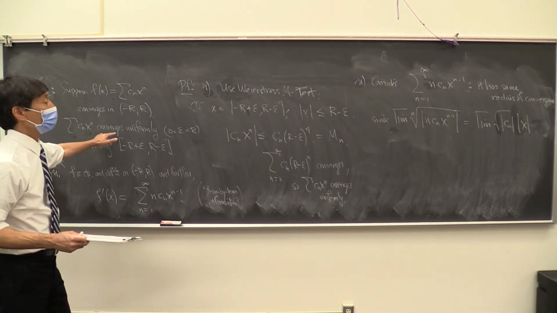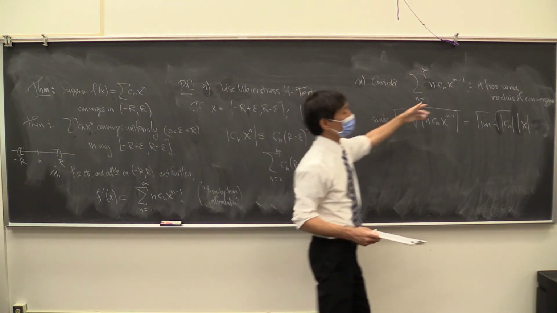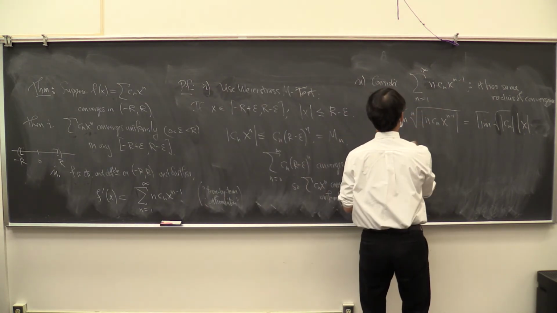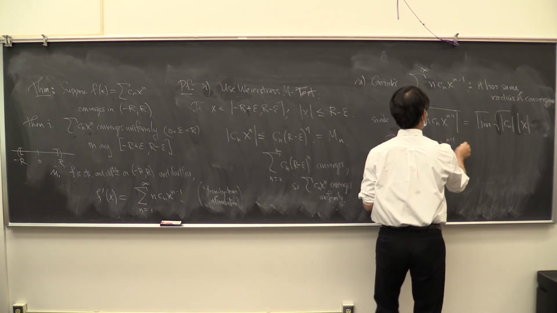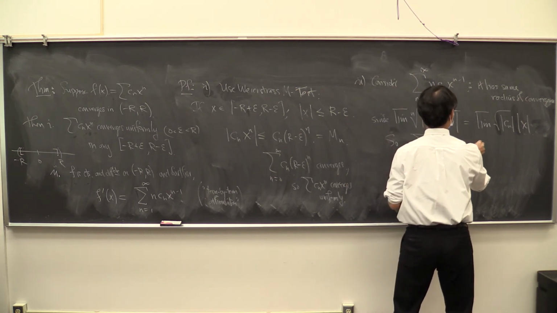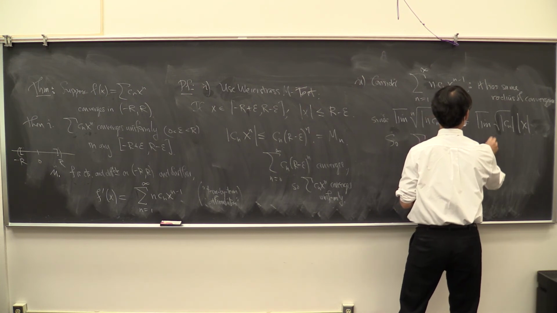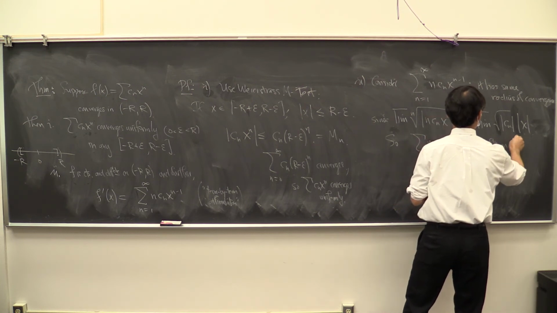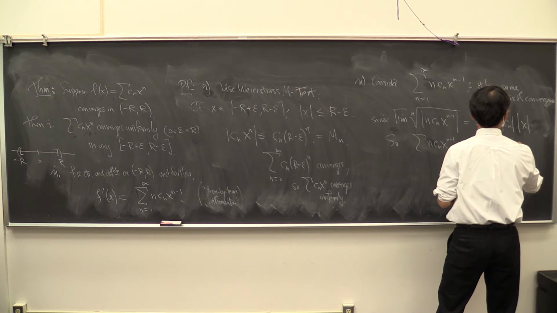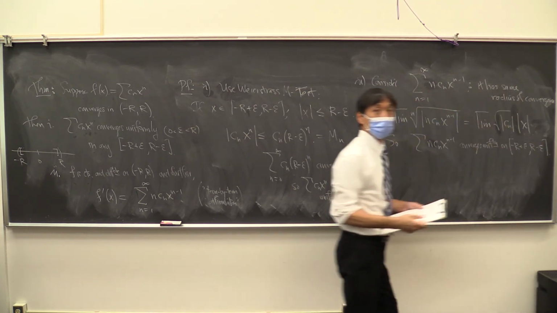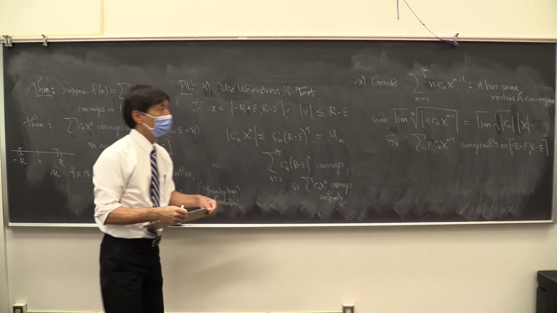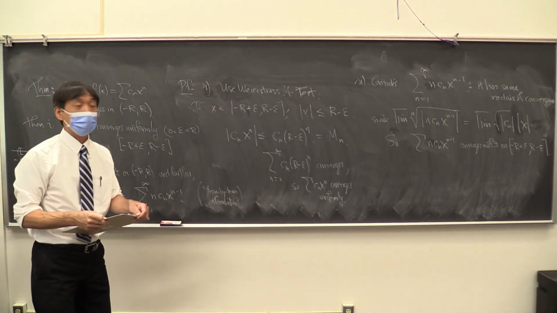So what do we know? We know that this thing converges uniformly, so this derived series also converges uniformly on [-r+epsilon, r-epsilon].